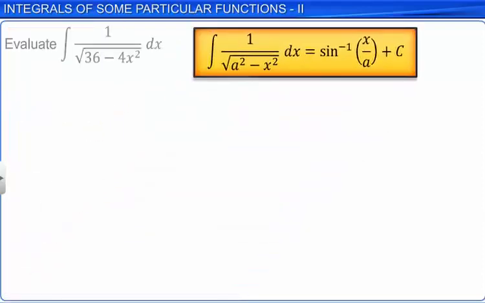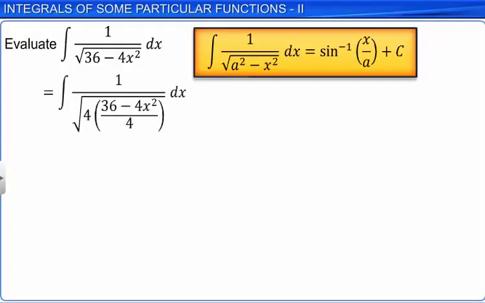Now, let's see how to apply this standard integral to solve the integral of 1 upon square root of 36 minus 4 x square dx. To bring this integral into standard form, we make the coefficient of x square as minus 1. So we multiply and divide the denominator of the integrand by the coefficient of x square as shown here.